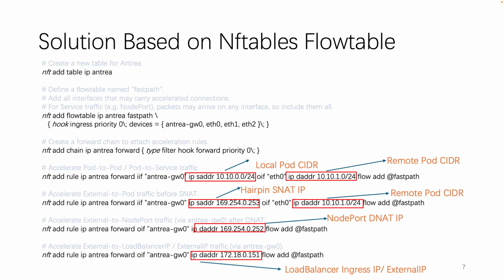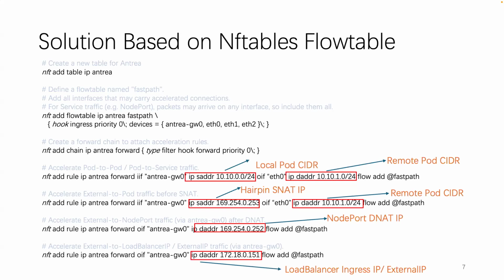To fix the issue you mentioned, first, we need to introduce NF table related code, and the second one, we need to add an individual NF table of Antrea, and in this table we may do two things.